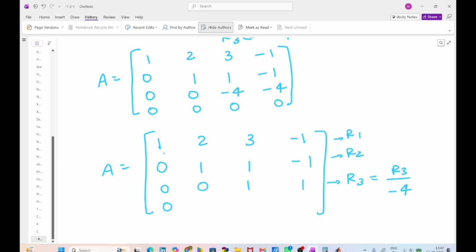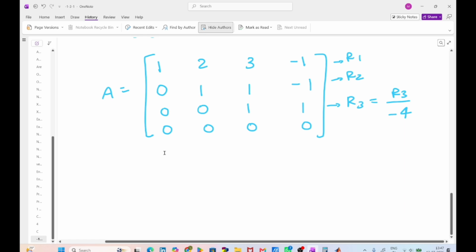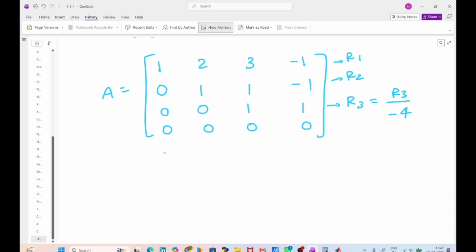Then this would be 0 0 0 0, R4. Now the non-zero rows are R1, R2 and R3. That is, there are 3 non-zero rows, hence the rank of the matrix A is equal to 3.